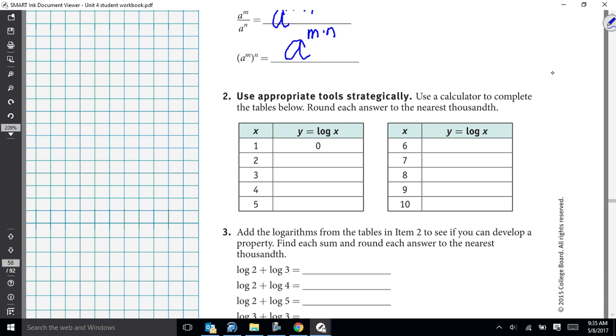Log of 2, and log of 3 is 0.47. Log of 4 is 0.60, log of 5 is 0.70, log of 6 is 0.77, log of 7 is 0.84, log of 8 is 0.9, and then log of 9.